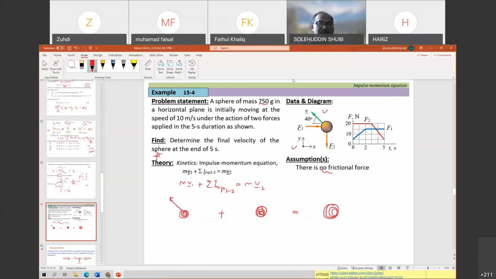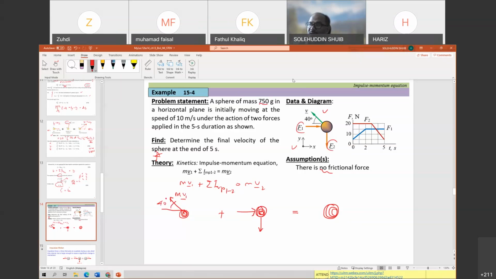For the velocity, we have mv1, with the same angle, 40 degrees. The next one is the impulse. You put this as the impulse, and another one going down.